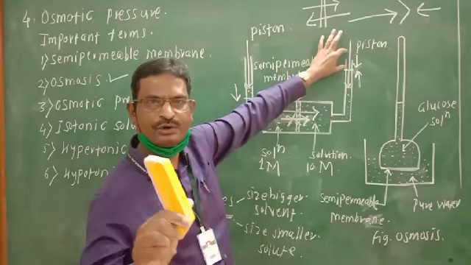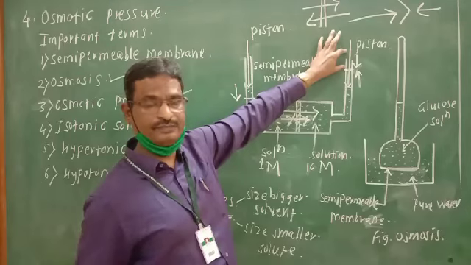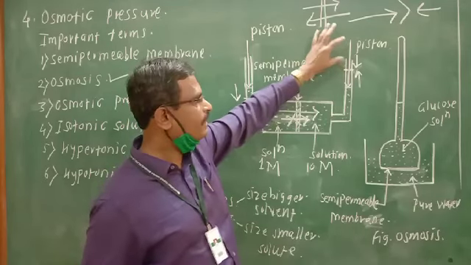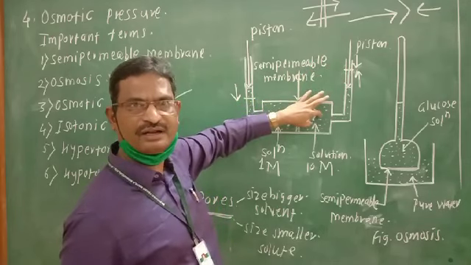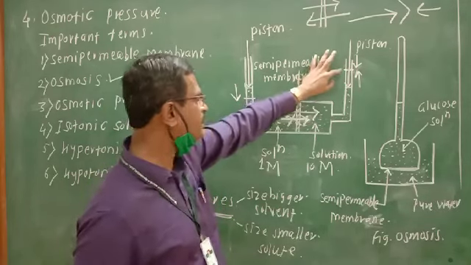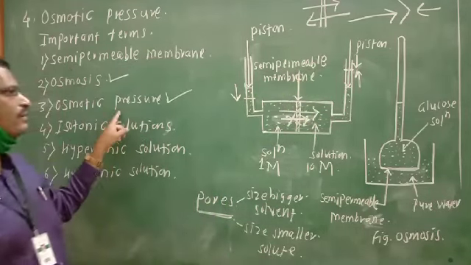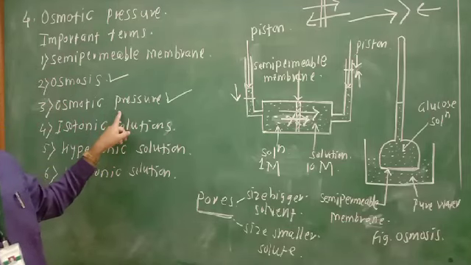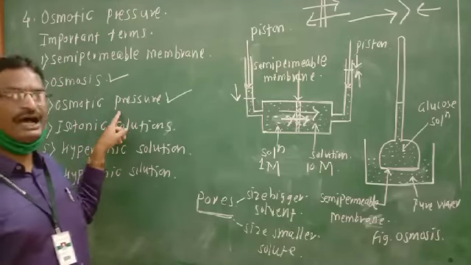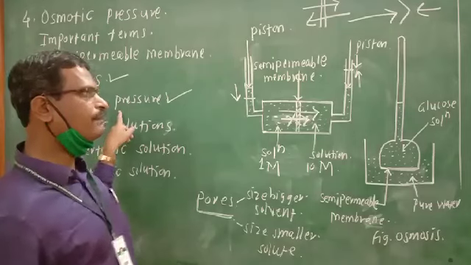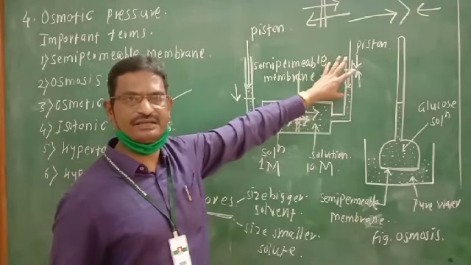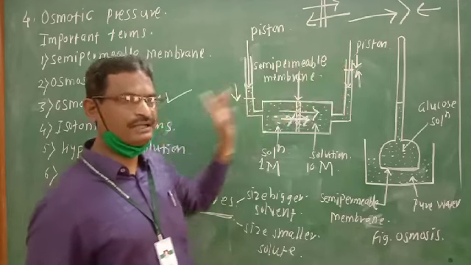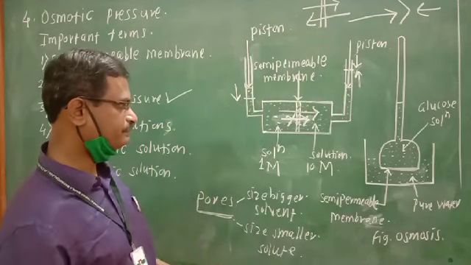That hydrostatic pressure developed on the higher concentrated solution side piston is known as osmotic pressure. Osmotic pressure is the hydrostatic pressure developed on a solution side piston of higher concentration.